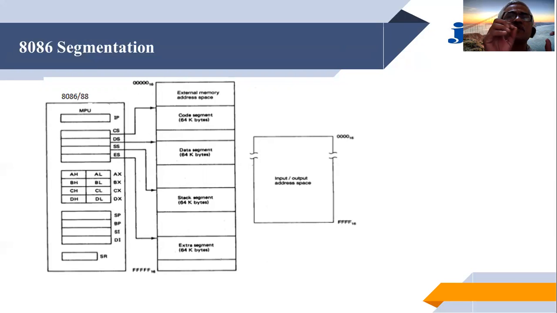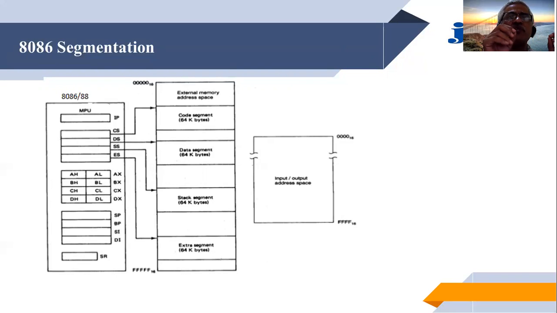So the designers of the 8086 have made a provision that we hold the address in two or more registers. One of those registers will be called a segment register, which will hold the base or the starting address of any of the segments.